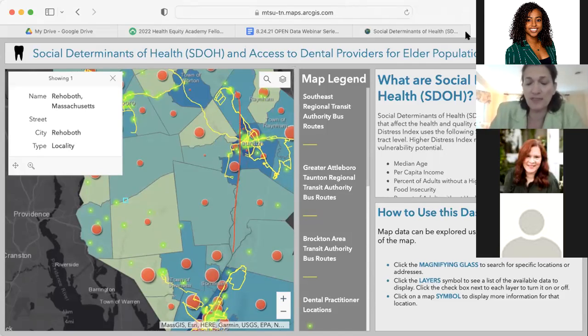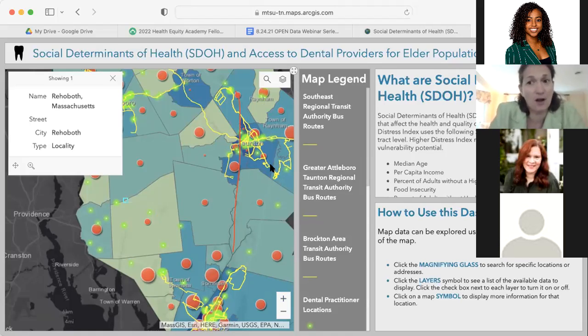So I worked with the veteran service officer and the public health nurse in that town, and we were able to reserve 9 spots on the bus for people to be transported from Rehoboth to Attleboro, Massachusetts, which is where I had the clinic.